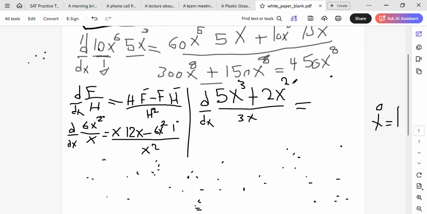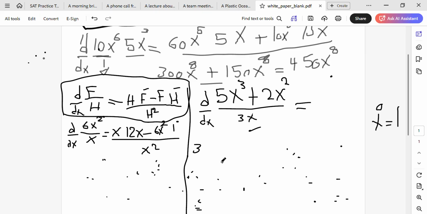So we have a division, and at the same time the terms are added to each other. We solve step by step for the division one, taking the rule as it said. If you can't remember it, I already wrote it here. You take the bottom times the derivative of the whole top part. Here the bottom is 3x, so I'm going to write in small size so there will be enough space, 3x times, in brackets, the derivative of the top part.